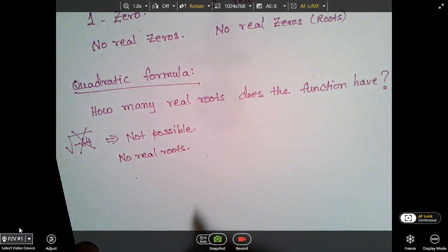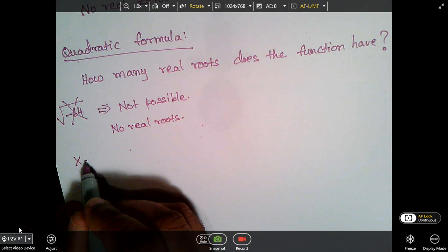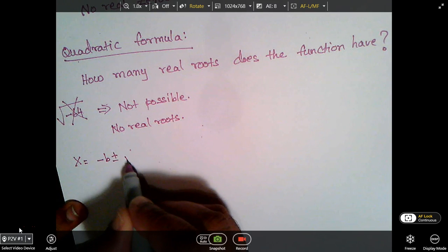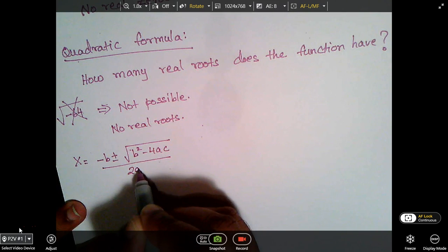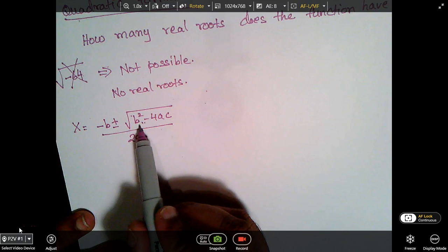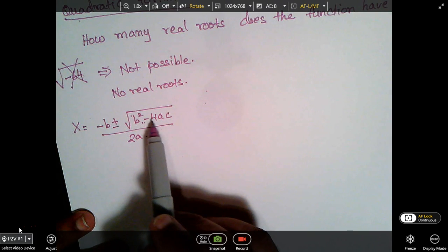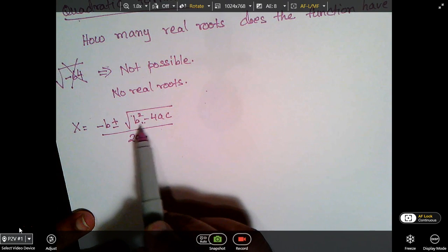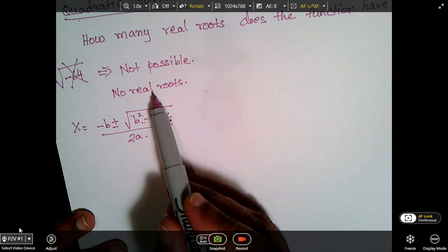In my quadratic formula, I have something under the square root. My quadratic formula is negative b plus or minus square root of b squared minus 4ac all over 2a. So if this number is going to turn into a negative number, and there is a possibility for it to do so depending on what a, b, and c are, that means there are no real roots to my equation.